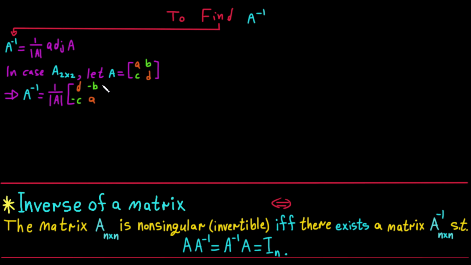Let's close the bracket for this matrix. So here we have the inverse of A by this formula.